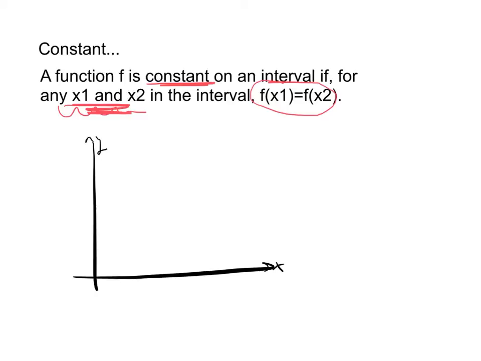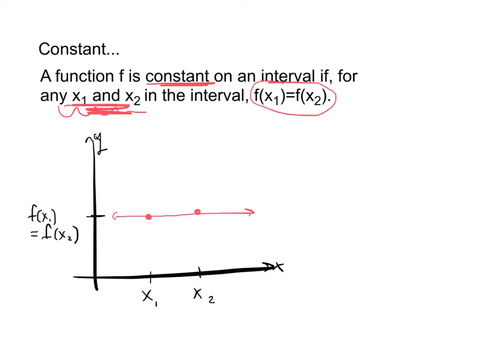So we're going to pick an x1 and x2, and again, it really doesn't matter which is larger, and f of x1 must be equal to f of x2. So there we go. This would have to be horizontal so that we have these two equal function values.